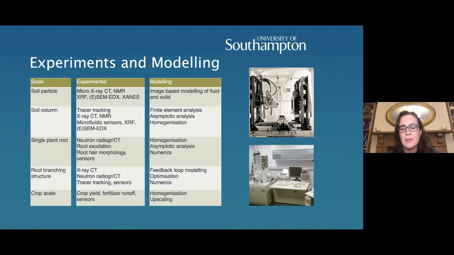So whilst X-ray CT and neutron CT and XRF give us very high spatial resolution on a pore scale, on a big soil sample scale, we go less spatial resolution and more time resolution, because with microdialysis sensors we can sample the soil solution at a given location very time intensively, and that again constrains our models very well.